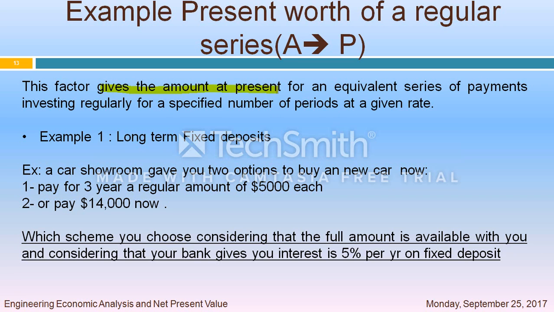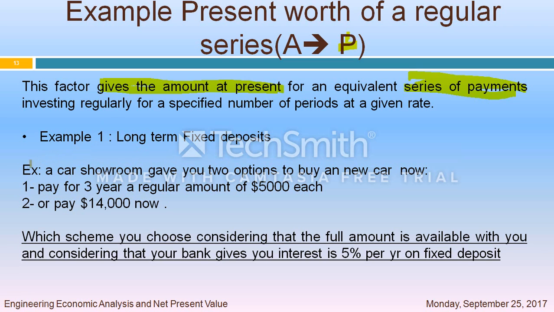This is the amount at present. So we are trying to find P, right? And we have the period and we have the annual payment, the series of payments. Okay. So an example of this is the long-term fixed deposit or anything in the sphere of deposits.